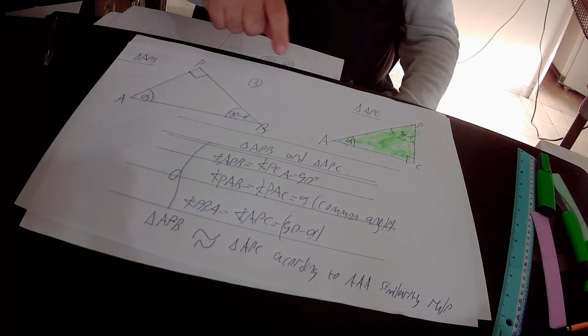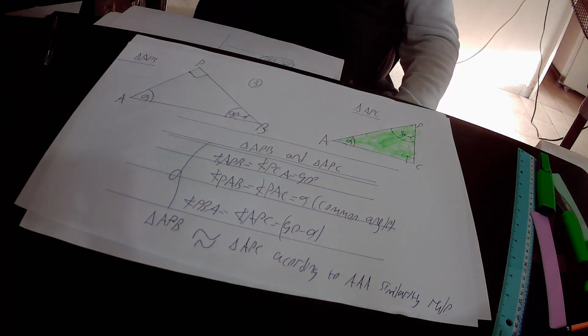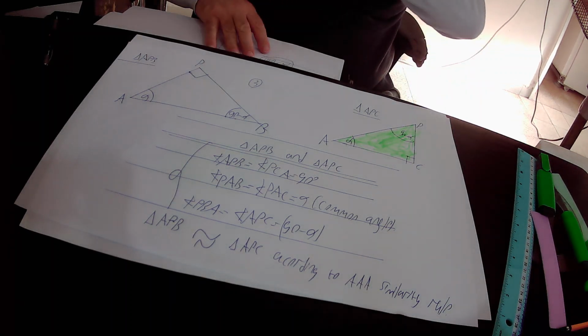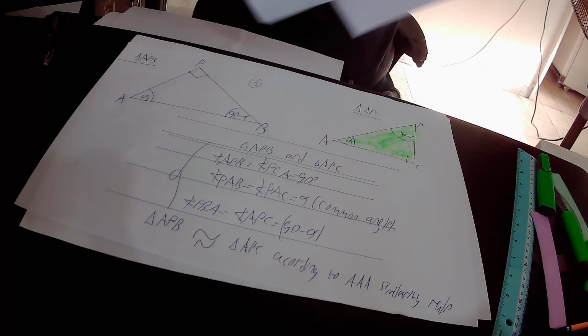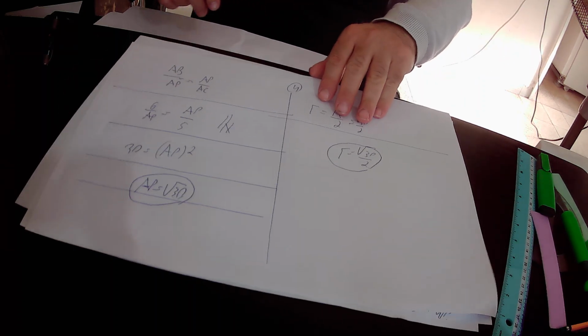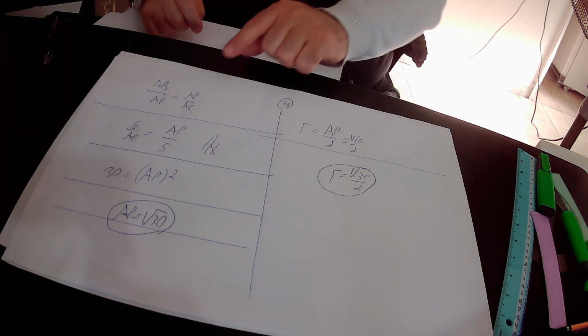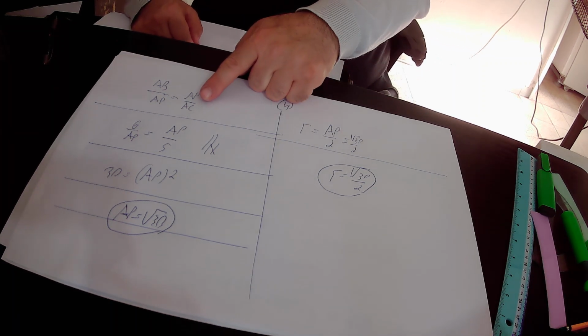Side AB in the right triangle over side AP in the green triangle equals side AP in the right triangle over side AC in the green triangle.